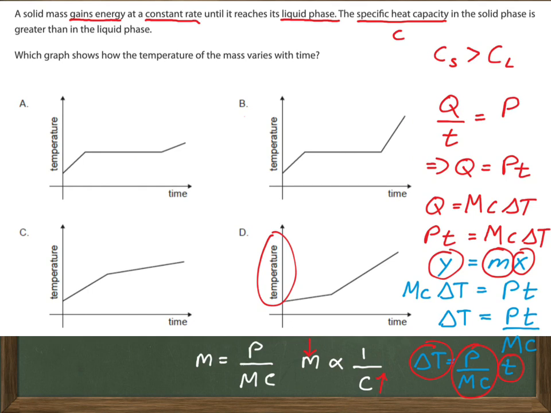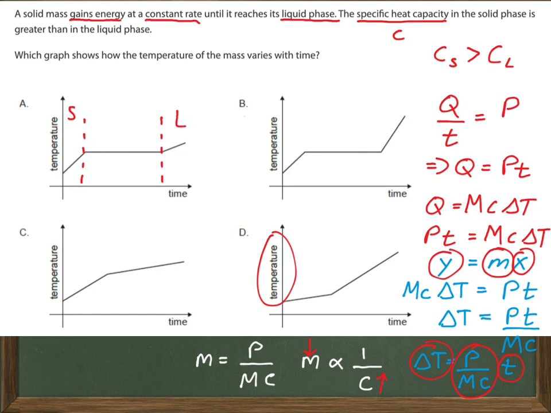Now I know that it has to heat up, then become a liquid, so it's going to change state, and then the liquid phase is going to increase in temperature. So I know that, in other words, this first phase is my solid phase and this second phase is my liquid phase.